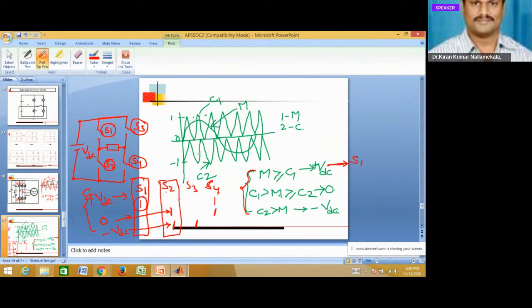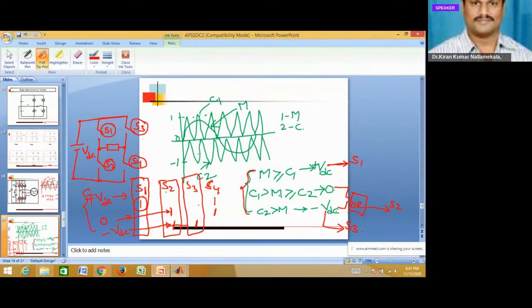So I will take both signals and give them to an OR gate, and this is given to S2. Similarly, S3 is turned on only during minus VDC, so I'll give the same signal to S3 directly.